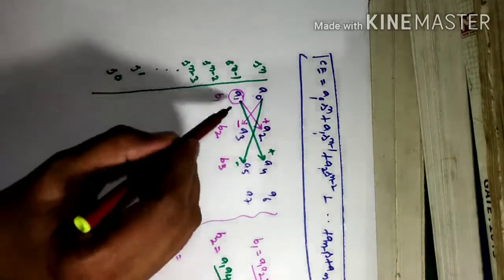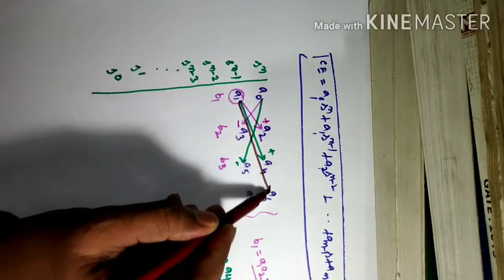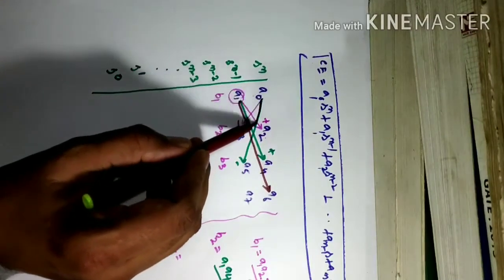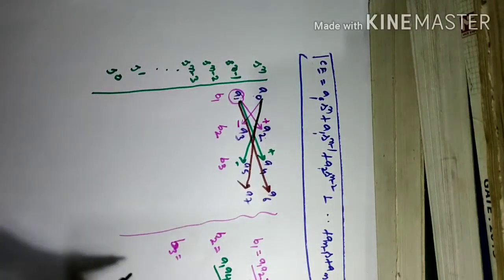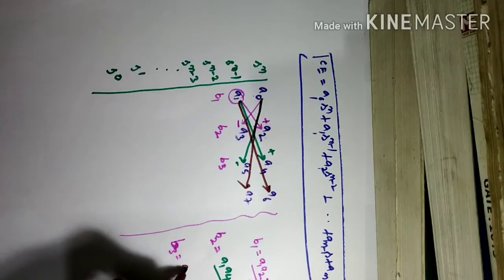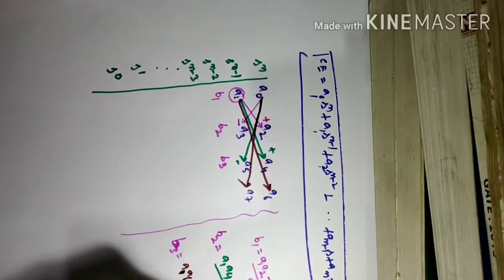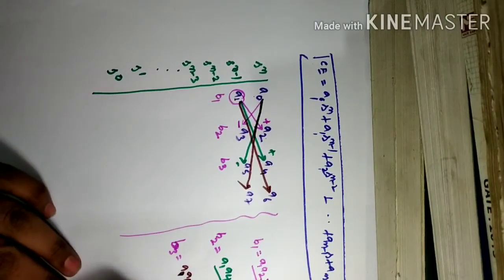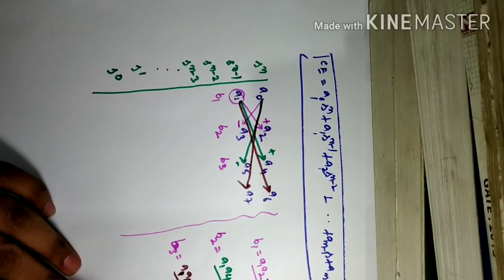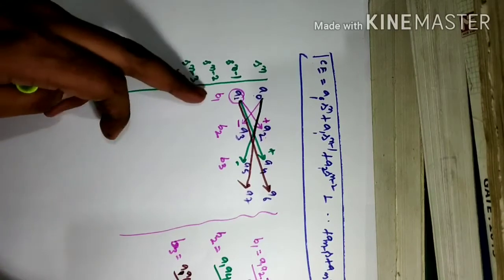Again A1 into A6 minus A0 into A7, divided by A1. That's how you get B1, B2 and so on. You can get the others.